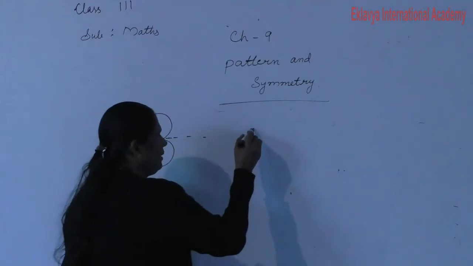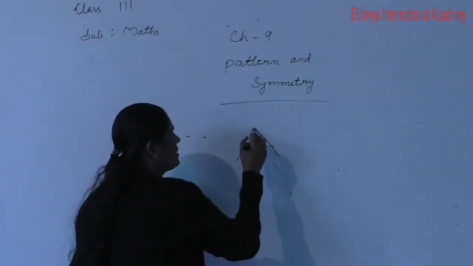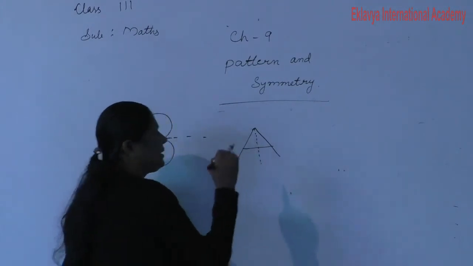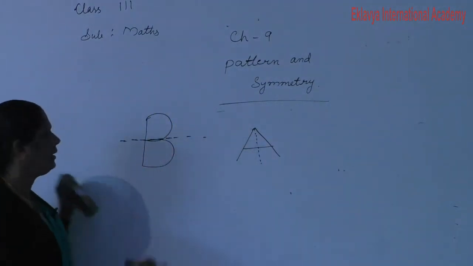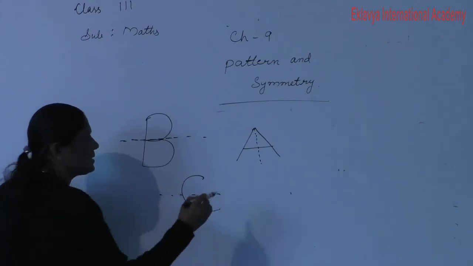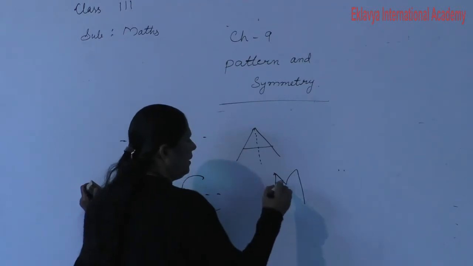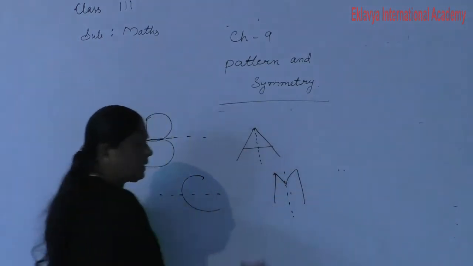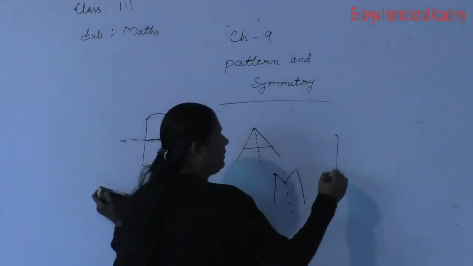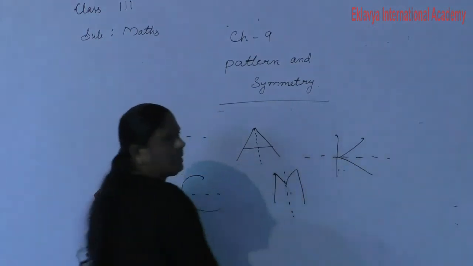Then this one, with this part is symmetrical. Okay. Then C, this part is symmetrical. Then M, this part is symmetrical. Then K, this part is symmetrical.